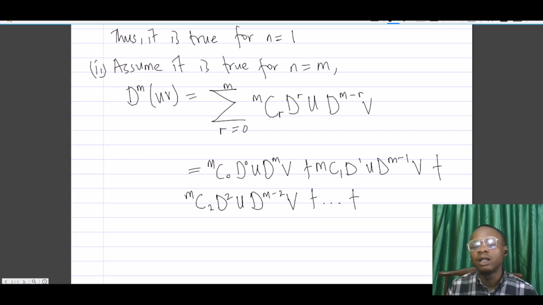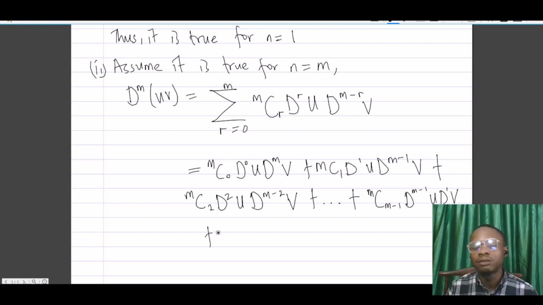And then the second to the last term will be when r is m minus 1. That will be m combination m minus 1, and for this we're going to have d to m minus 1 of u, then d1 of v.